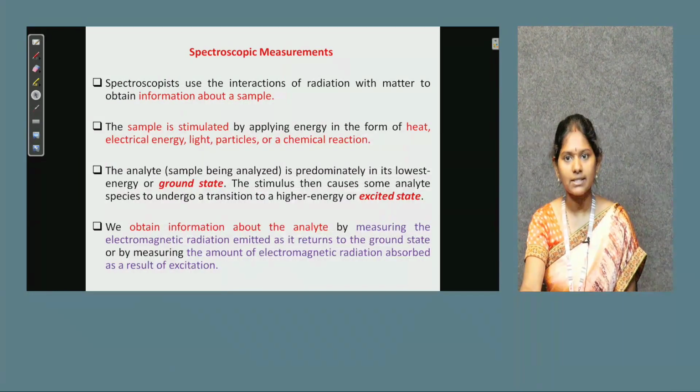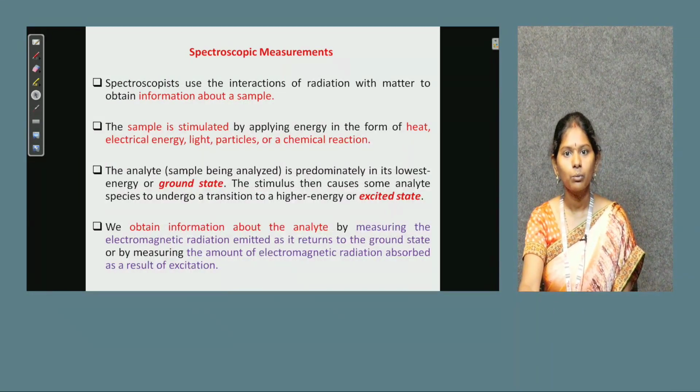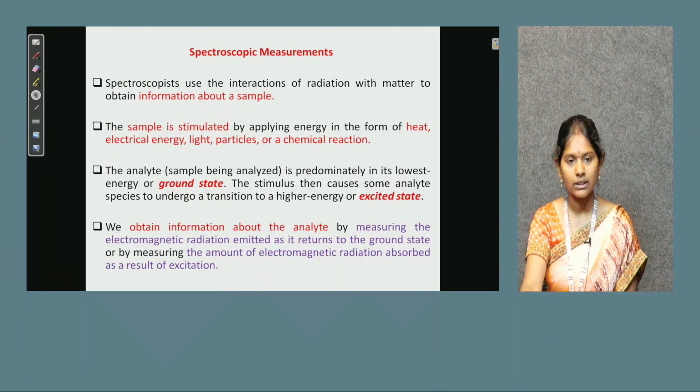So what happens exactly is, when the molecules or substances present in a solution absorb light, they get excited and reach a higher level. While returning to the ground state, they release the energy in the form of a transition.